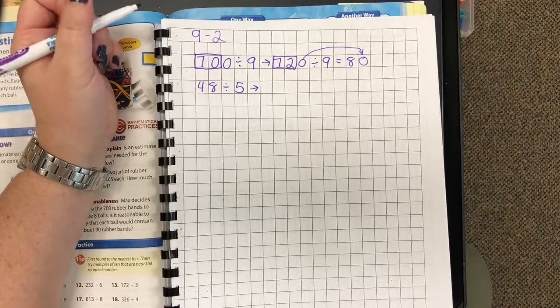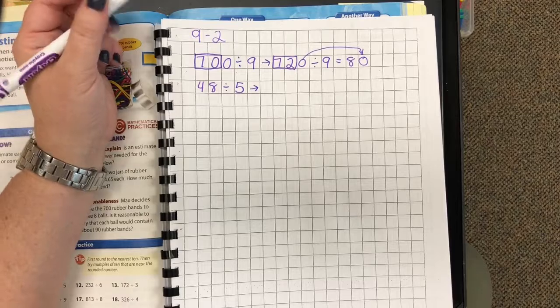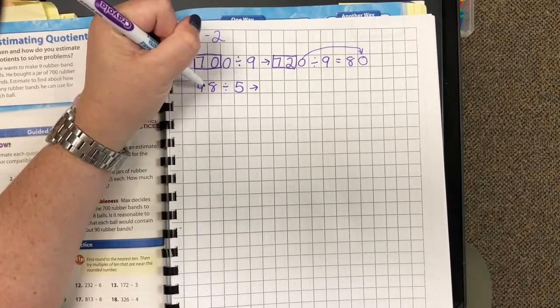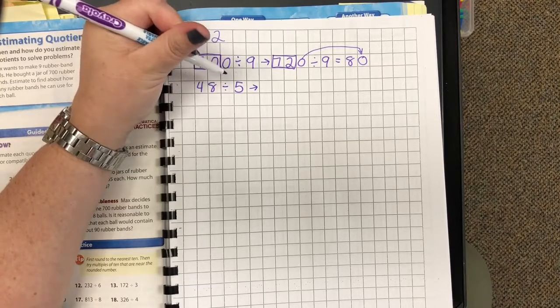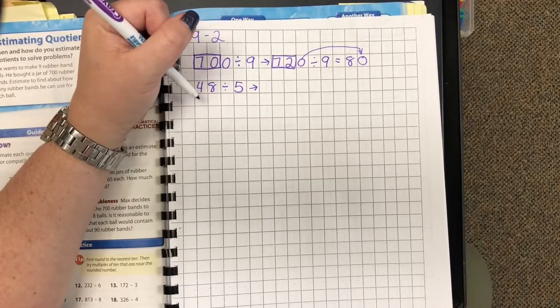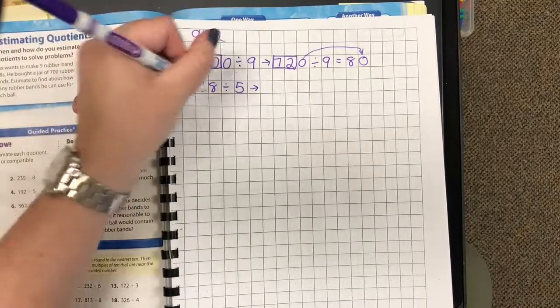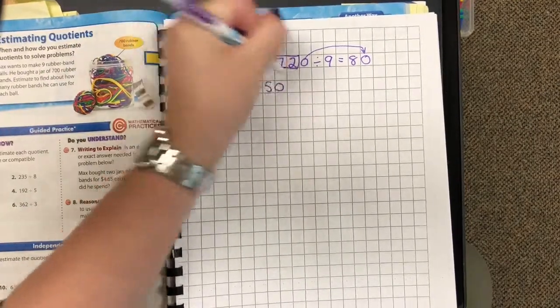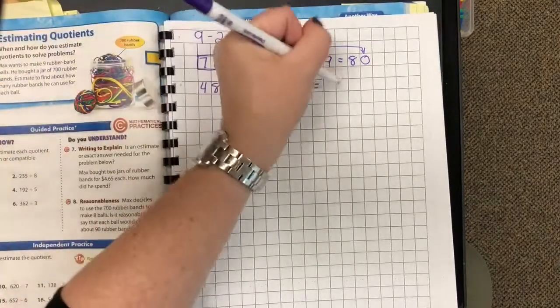Again, when I'm estimating, I want to be as close to correct as I can. 48 down to 45, that's 3 away. 48 to 50, that's only 2. So I want what's going to have the least amount of difference. So 48 is going to become a 50, and 50 divided by 5 is 10.